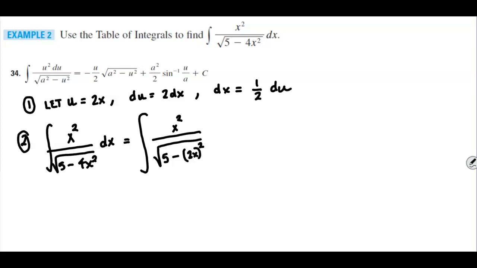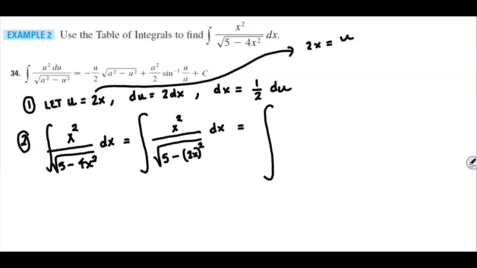So now, if we use our substitution, since we have dx, we can apply our substitution. If we solve for x here, and we divide everything by 2, we know that x is going to equal u divided by 2.